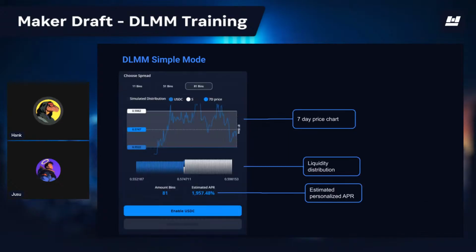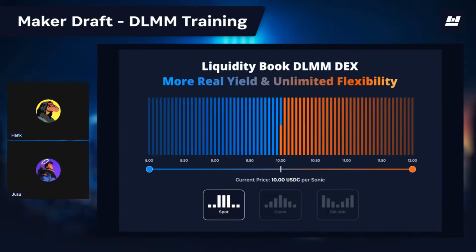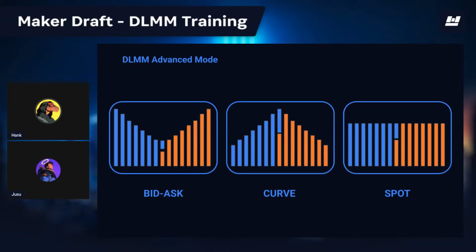But the advanced mode is actually what gives you a lot of flexibility. And that's also the flexibility that the vault operators work with in DLMM: you can create all kinds of different shapes.